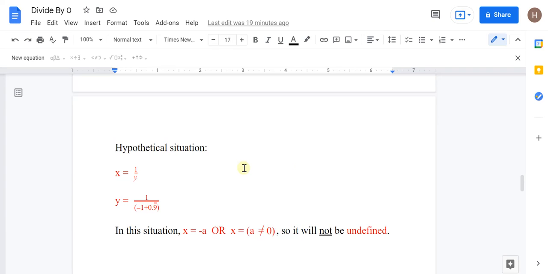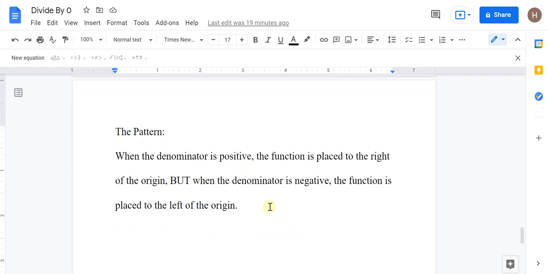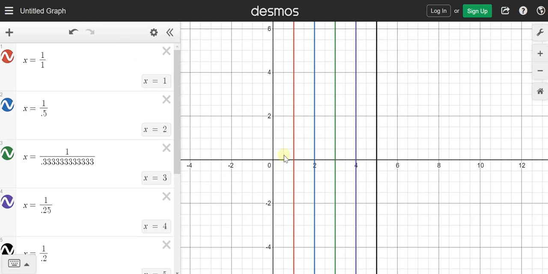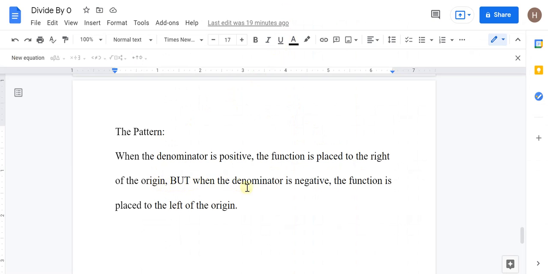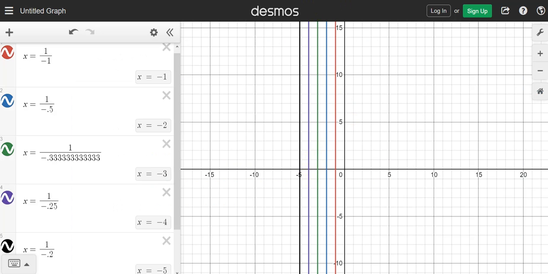In this situation, x equals negative a, or x equals a number that does not equal 0, so it will not be undefined. Now, we're starting to see a pattern. When the denominator is positive, the function is placed to the right of the origin. But when the denominator is negative, the function is placed to the left of the origin.